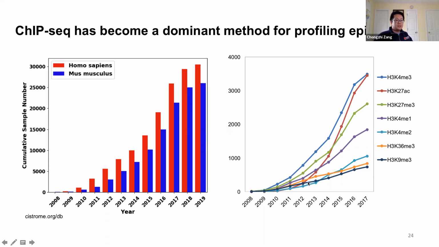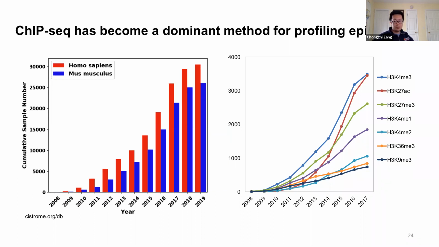As you can see, there is one factor, H3K27 acetylation, that has a very fast increasing trend. Although at the very beginning, people did not study K27 acetylation that much, one of the most important reasons is that H3K27 acetylation is a very important enhancer mark that can distinguish active enhancers from poised or primed enhancers.